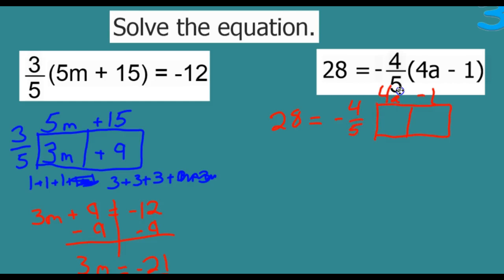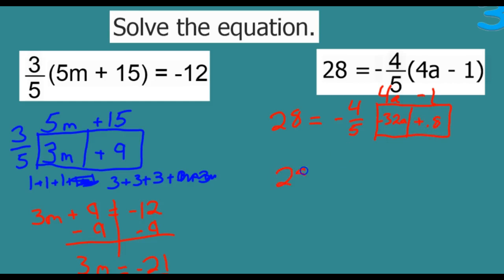So if I put negative 4/5 into my calculator times 4, that gives me negative 3.2. Okay? And negative 4/5 times negative 1 just gives me positive 4/5, which as a decimal is 0.8.